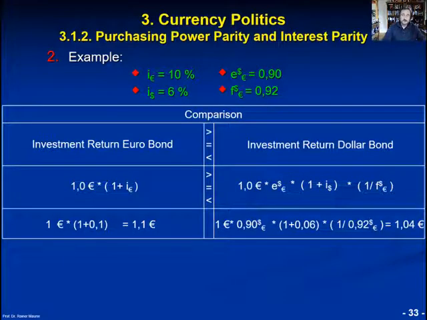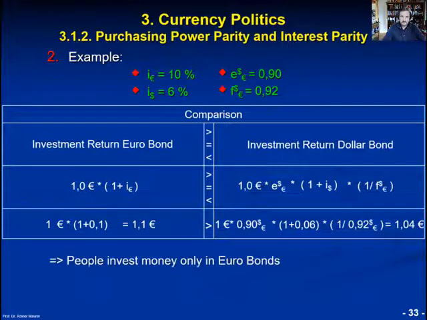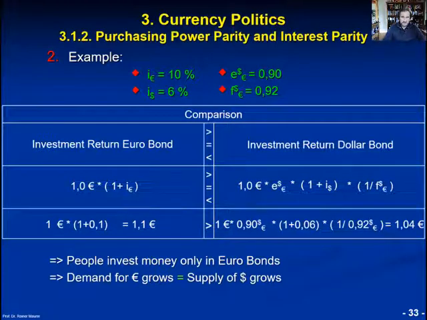Since the return of a dollar bond investment is lower than the return of a euro bond investment, people want to invest now their money in euro bonds. As a result, the demand for euro grows, which means at the same time the supply of dollar grows.